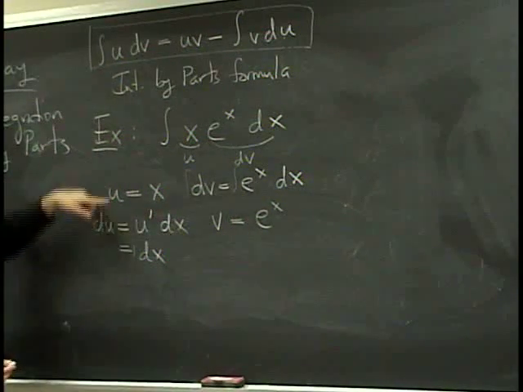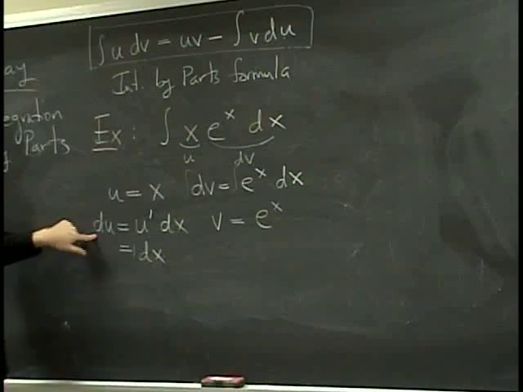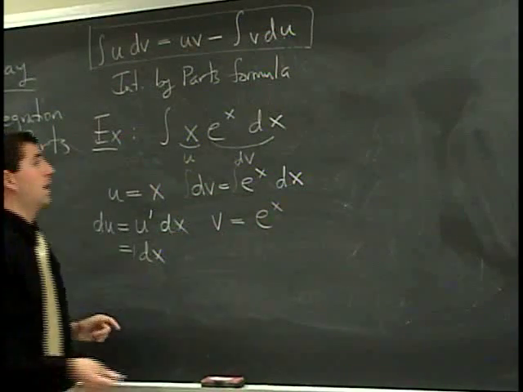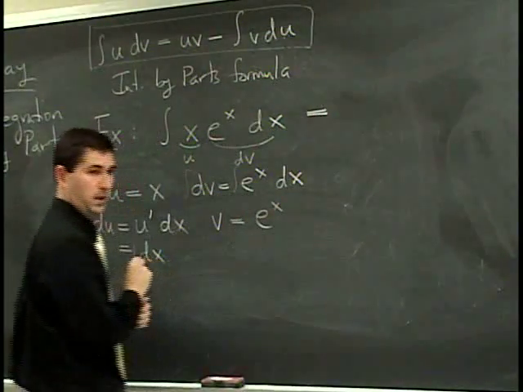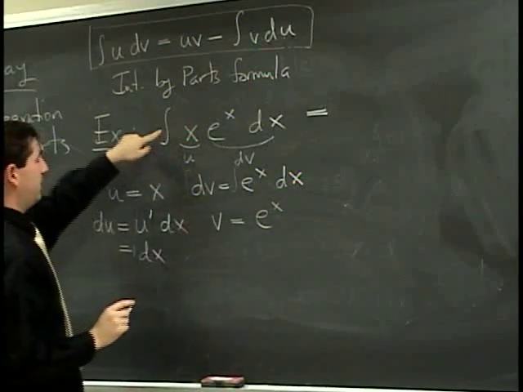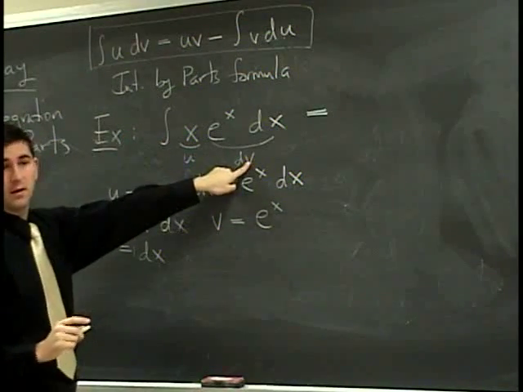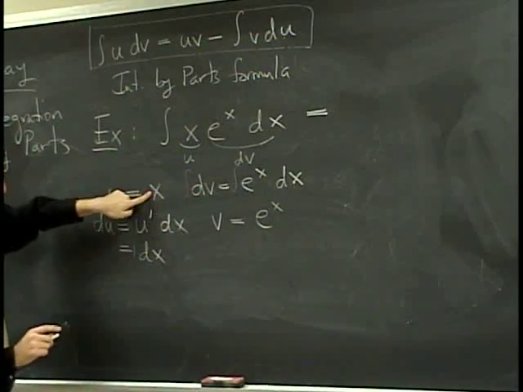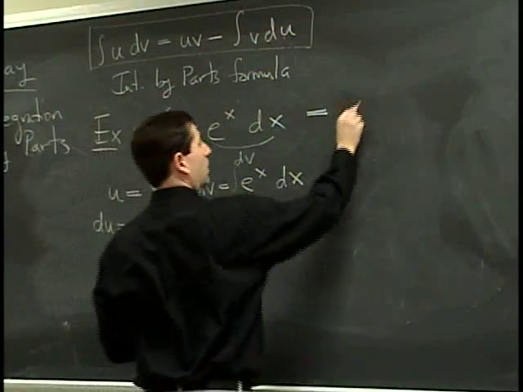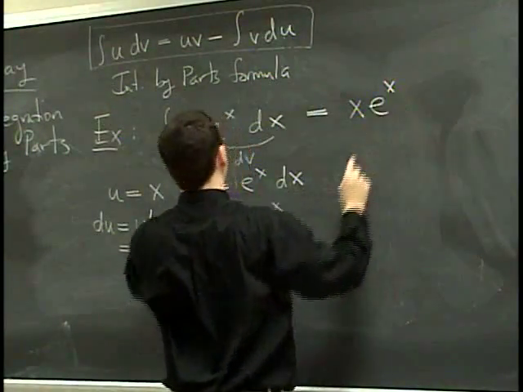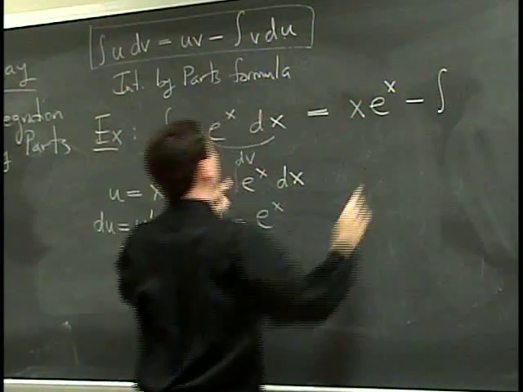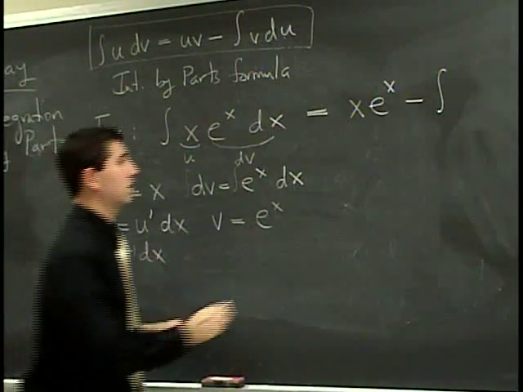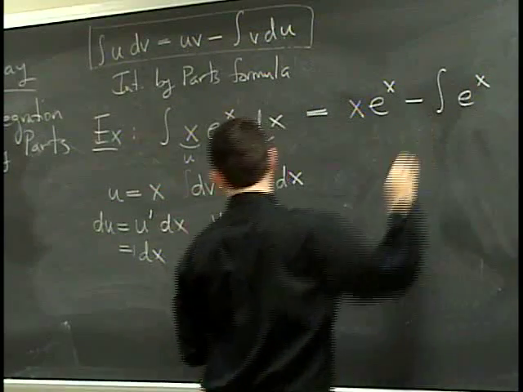All right, so I used my u and dv to give me a du and a v. And now by the integration by parts formula, the integral of u dv is u times v, so x times e to the x, minus the integral of v, which is e to the x, du.